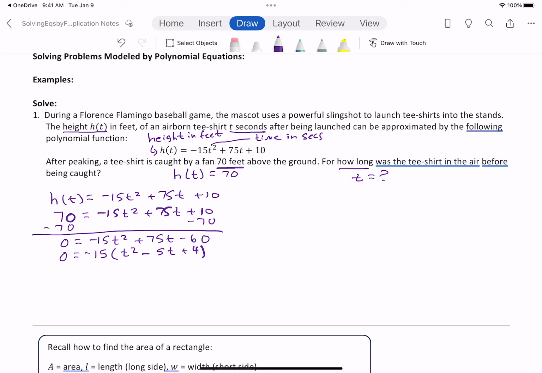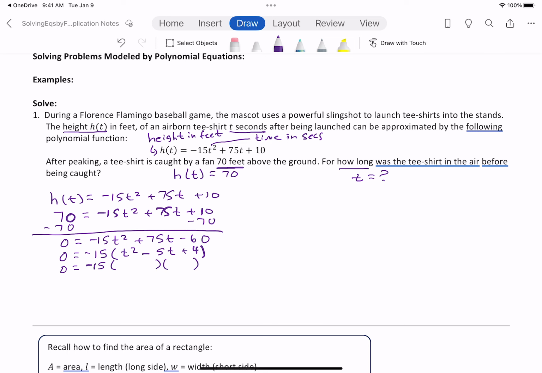So now what I need to factor is t squared minus 5t plus 4, and that's a whole lot simpler than the negative 15t squared plus 75t minus 60. So we'll just leave the GCF out front.